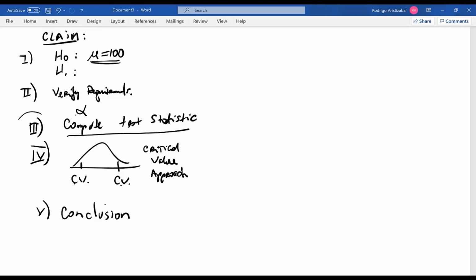Then in step number 3, we need to compute my test statistic. The test statistic summarizes all my evidence taken from my sample, and this test statistic will tell me how far away is my evidence from the previous result, from the null hypothesis.